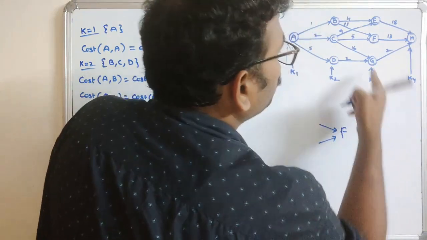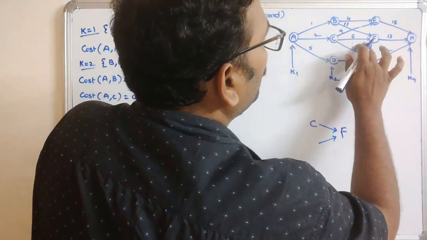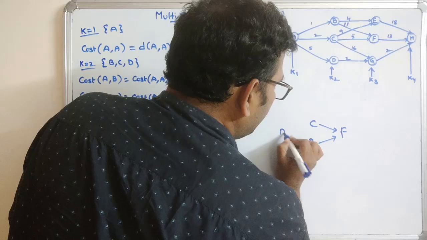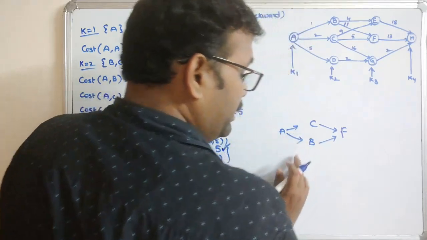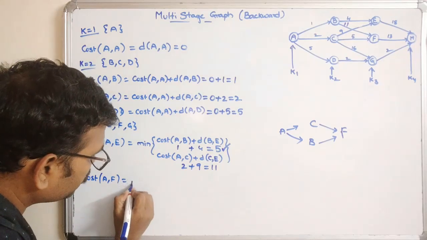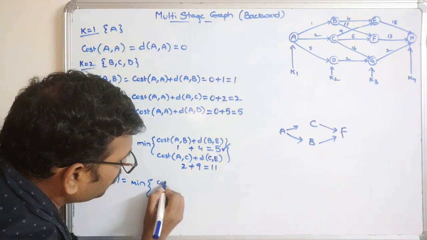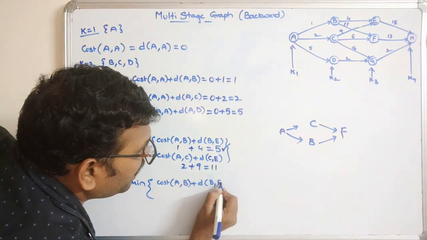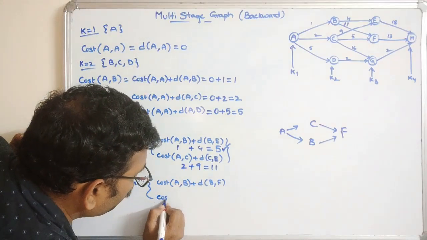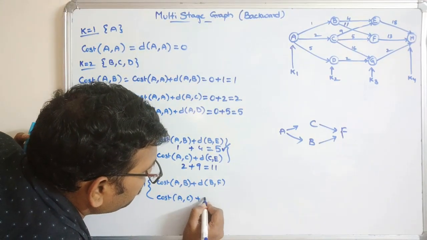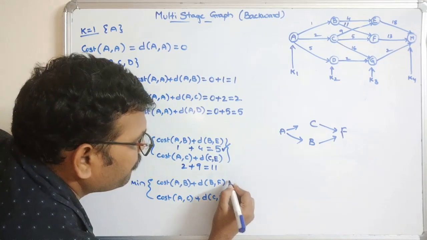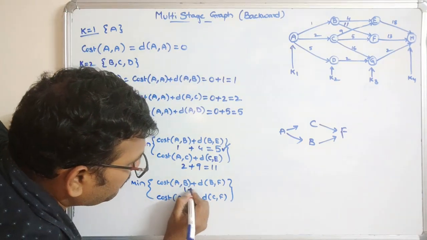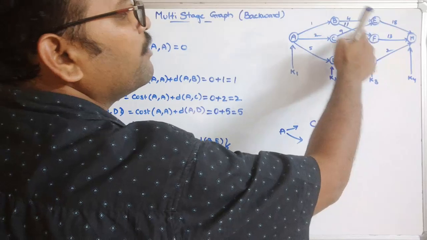One is from C, another one is from B. So we need to reach A to C, A to B, and then go with C to F. We need to find the minimum of the cost of A to B plus distance of B to F. Similarly, cost of A to C plus distance from C to F. The cost of AB is already computed here, 1, plus the distance of B and F, which is 11.